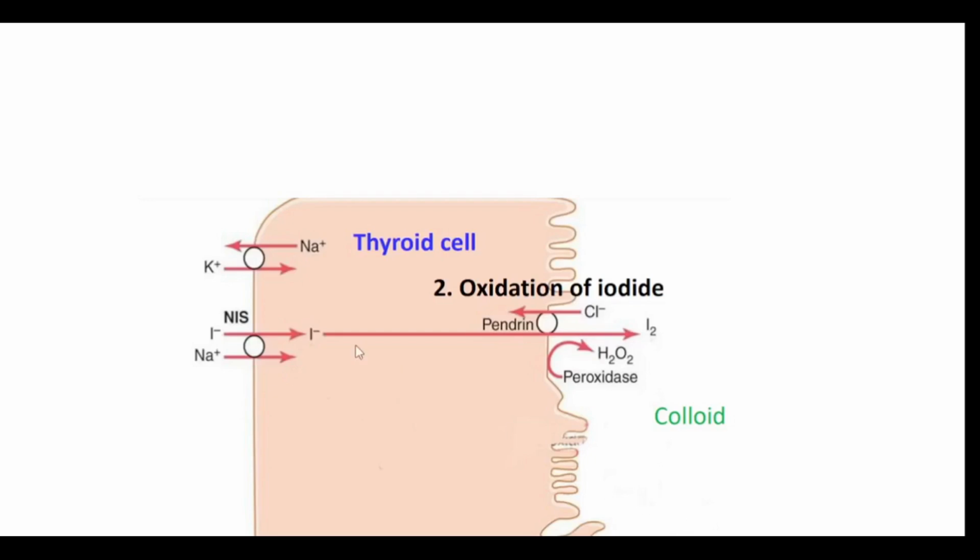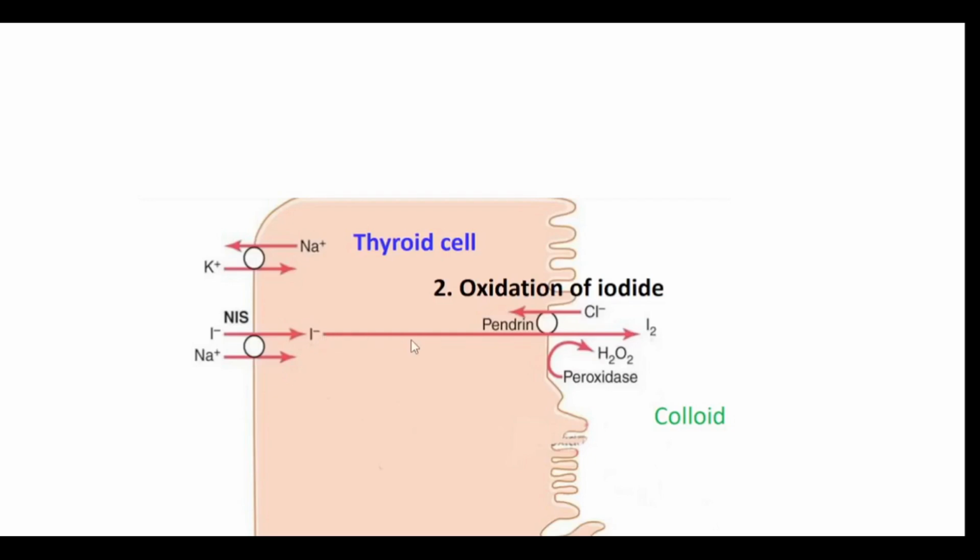So here you can see now our iodide is present within the cell. With the help of the sodium iodide symporter, we have taken iodide from the interstitial space into the cell. Now it is present within the cell. Now from the cell it is carried to the lumen with the help of the chloride iodide counter transporter. So you can see both are taken in opposite direction.